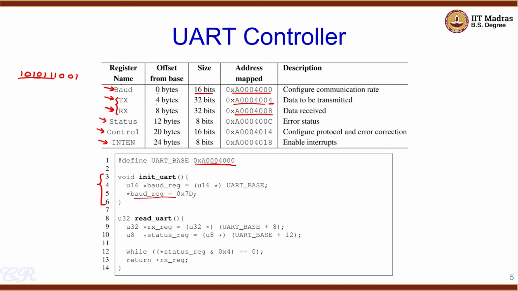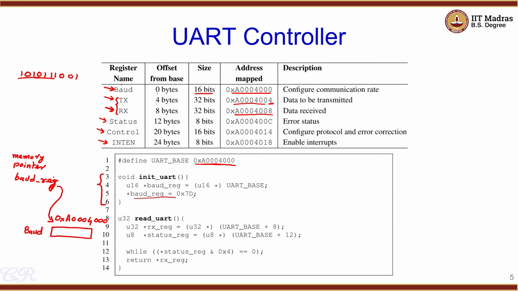Just to make things clear, we are defining a memory pointer called baud_reg, and we are making it point to this location 0xA004000, which happens to be the register called baud, which is present in the UART controller.